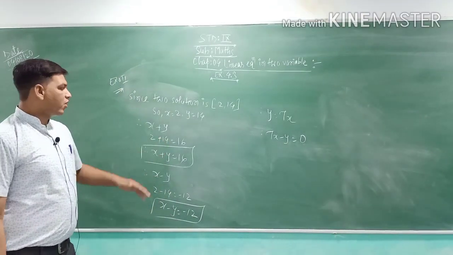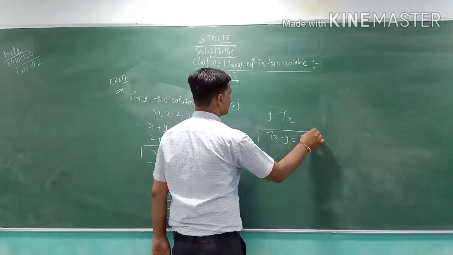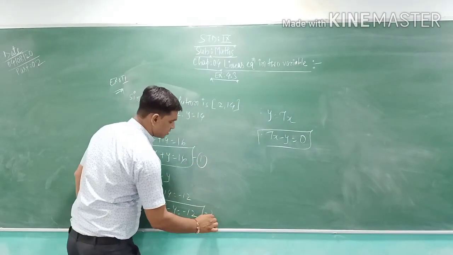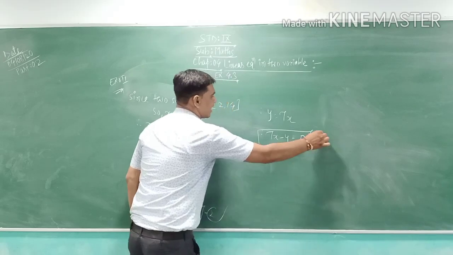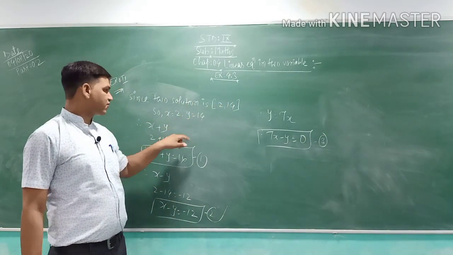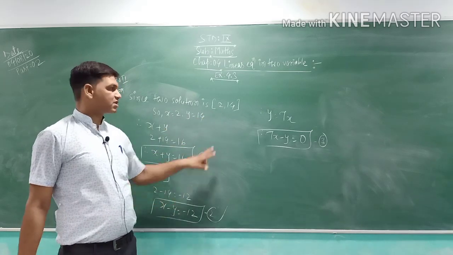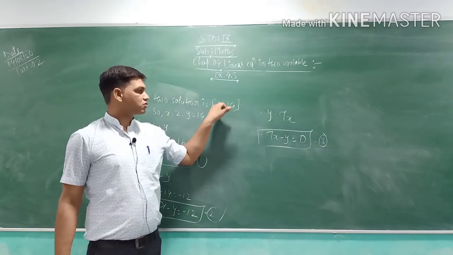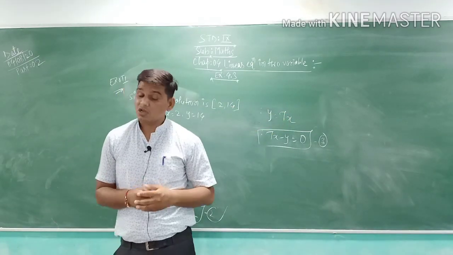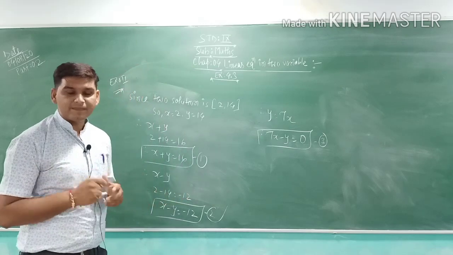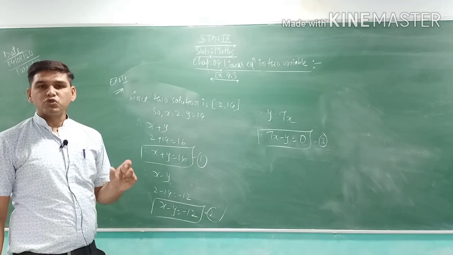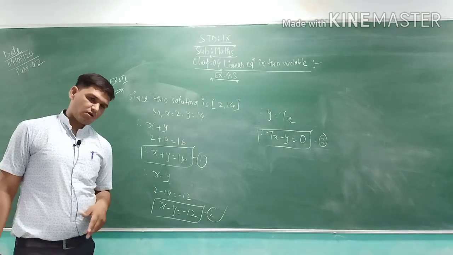So I have found three equations, 1, 2 and 3, which satisfy this x and y value. 2 plus 14 is 16, 2 minus 14 is minus 12, and y is 14, which is 2 into 7x. So infinitely many lines can be found through one point, a specific point (2, 14).